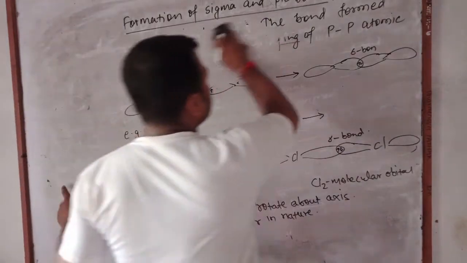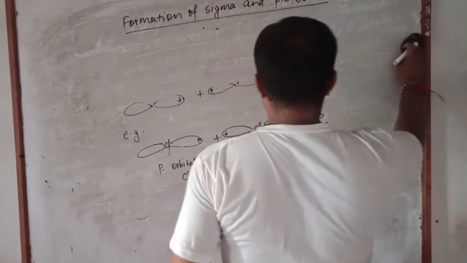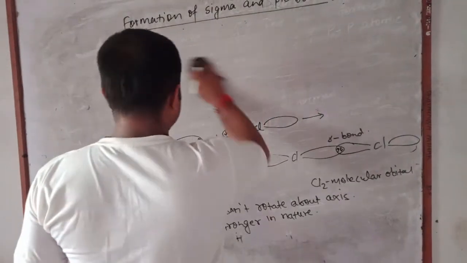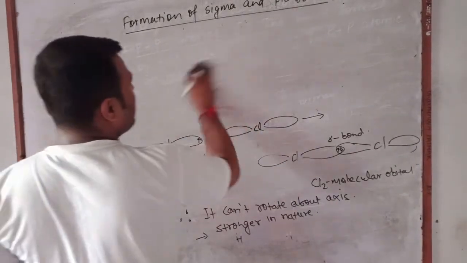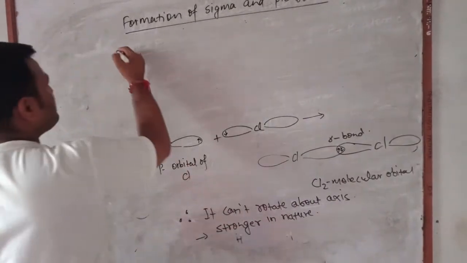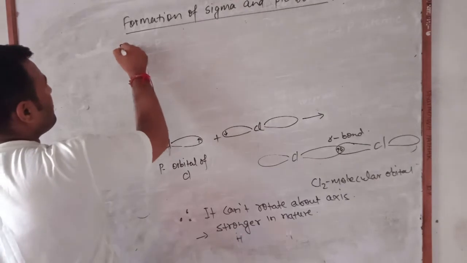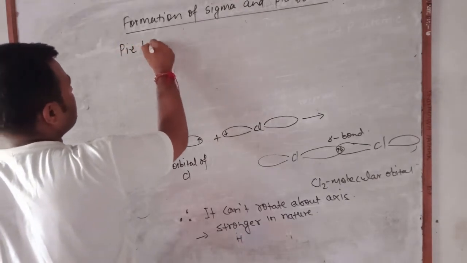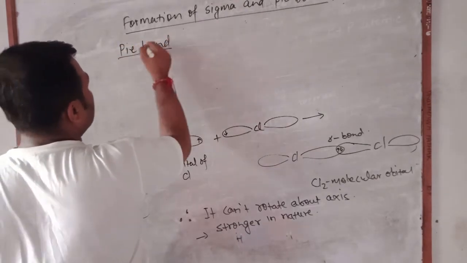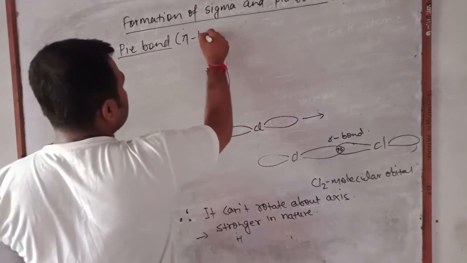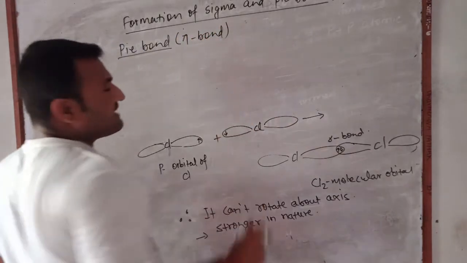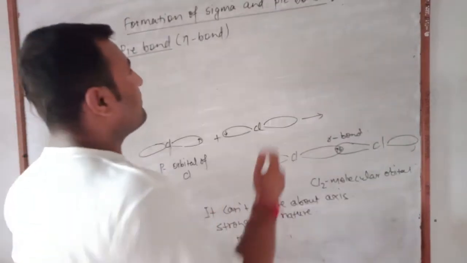After that we discuss the next type of bond formed by overlapping of orbitals, which is known as pi bond. A pi bond is always formed by side or lateral overlapping.